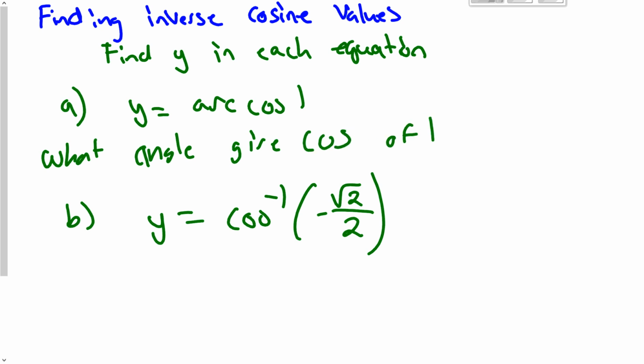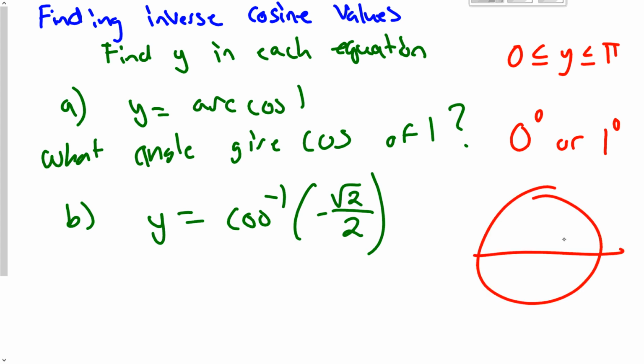And that is 0 degrees. Remember, we're between 0 and pi, so the range goes up to 180. So basically that's looking at the top half, in the first and second quadrant.